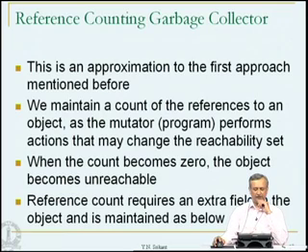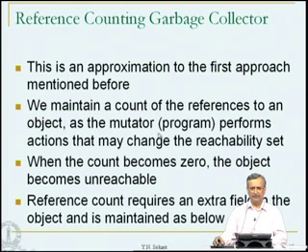So, let us look at the reference counting garbage collector, which is an approximation to the first approach mentioned above. That is, when an object changes its state from a reachable object to an unreachable object, we catch that object and do something. Let us see what we do. We maintain a count of the references to an object.